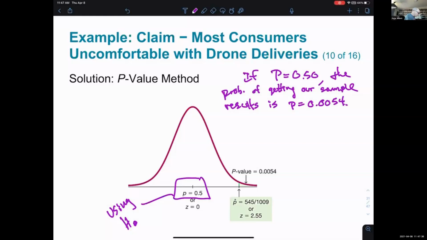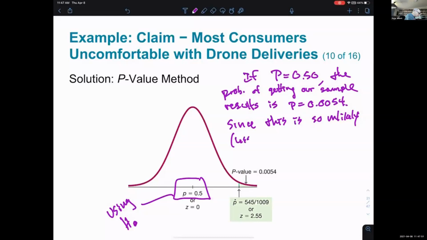So you could say something like, since this is so unlikely, and when we say so unlikely, we mean less than alpha.